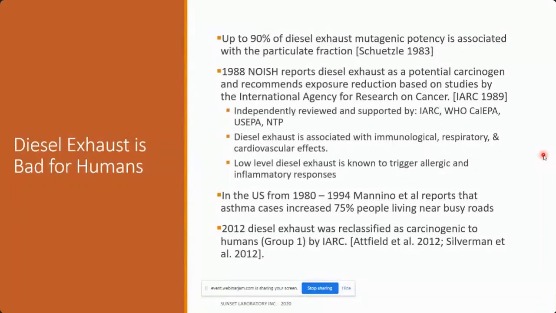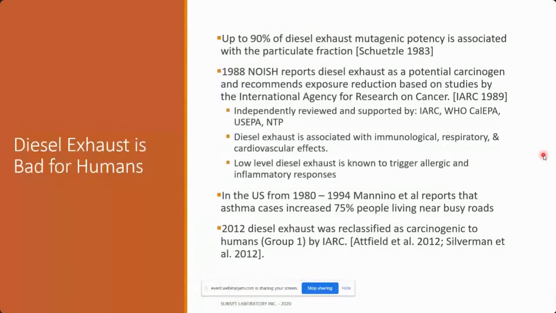But not only being a carcinogen, diesel exhaust has other health effects that are not good for humans. Specifically, it has immunological effects, respiratory effects, and cardiovascular effects, all associated with particle size.